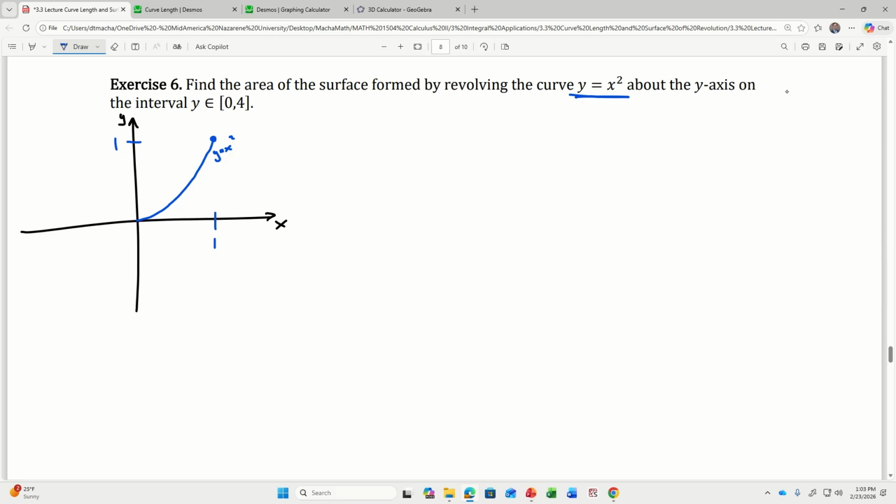Oh, the interval is from 0 to 4. There we go. Much better.